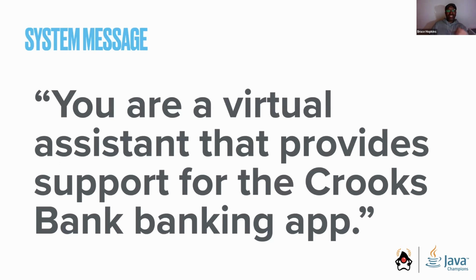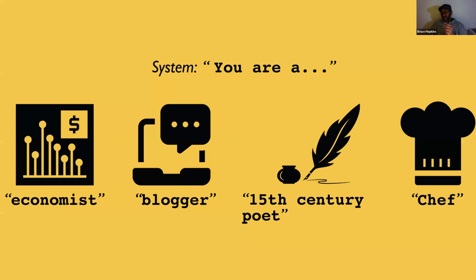So what was the system message I provided? To start things off, I said, you are a virtual assistant that provides support for the Crooks banking application. Now let's talk a little bit more about the system message.